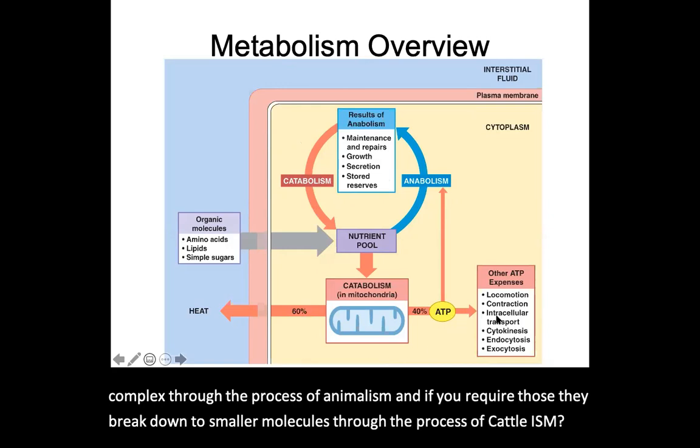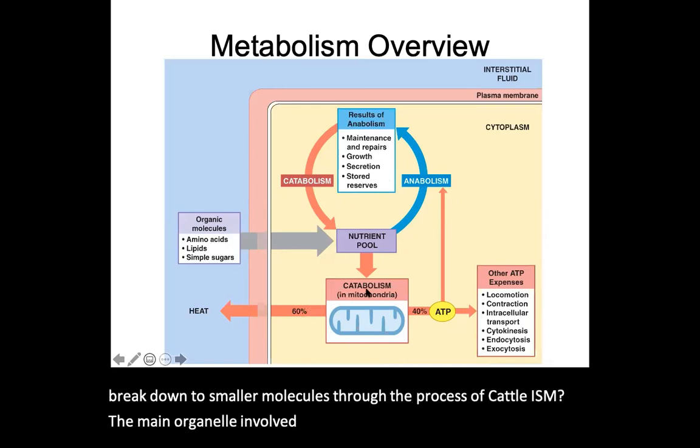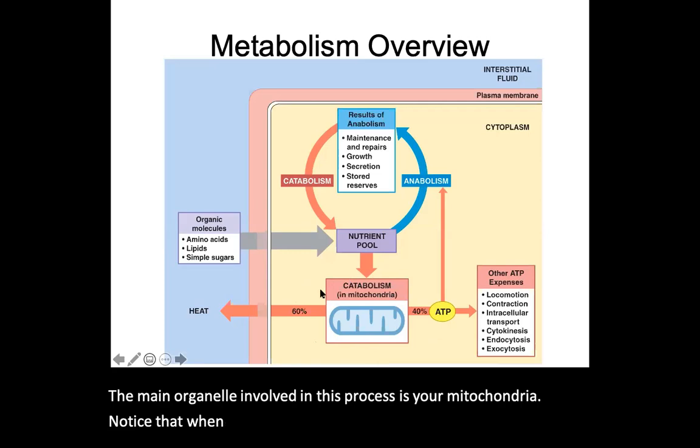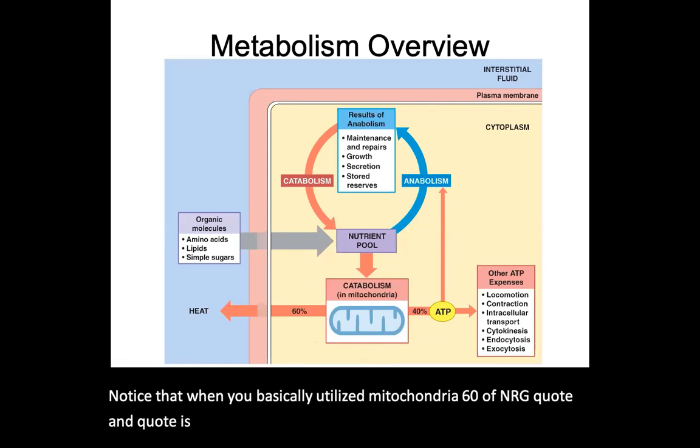The main organelle involved in this process is your mitochondria. Notice that when you utilize mitochondria, 60% of energy is actually released as heat, and 40% is what actually converts to ATP and is effectively utilized.